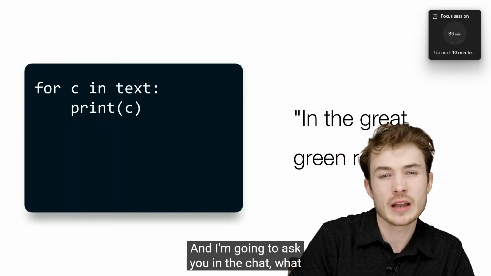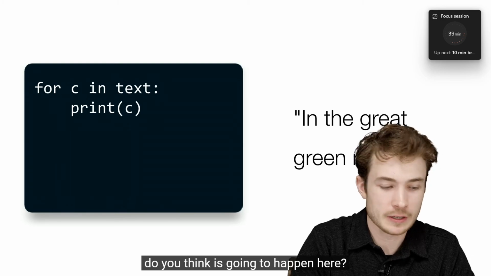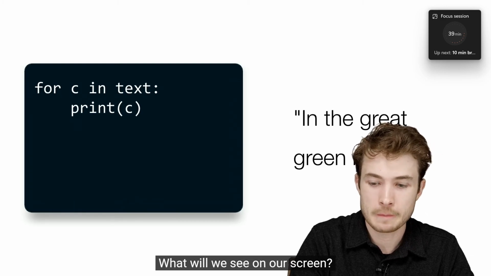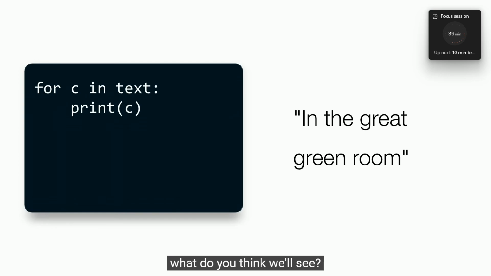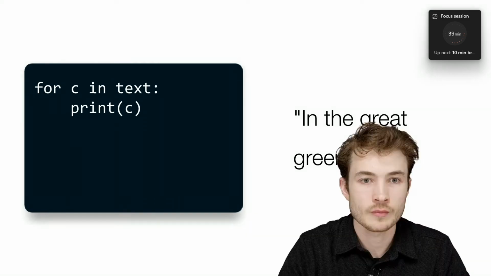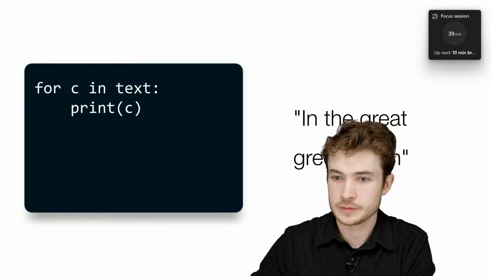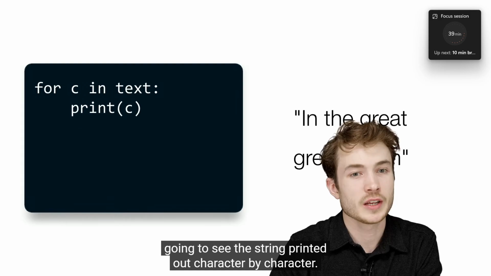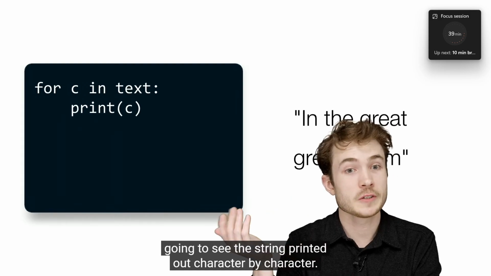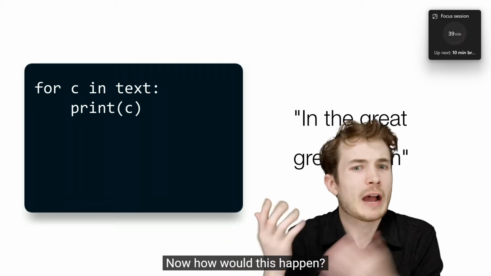I'm going to ask you in the chat, what do you think is going to happen here? What will we see on our screen if we have the following input, which is "in the great green room"? Yeah, I'm seeing people saying that we're going to see the string printed out character by character. Now, how would this happen?